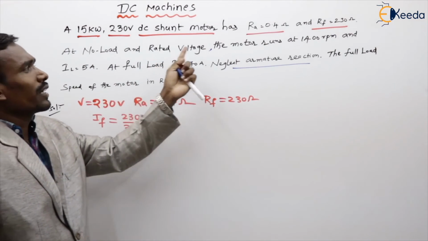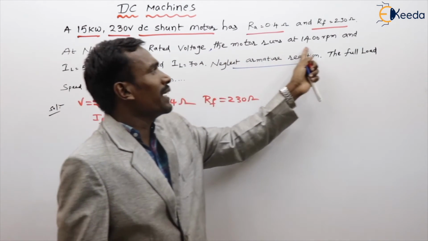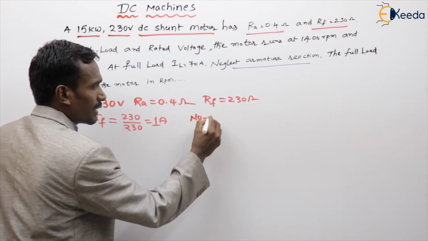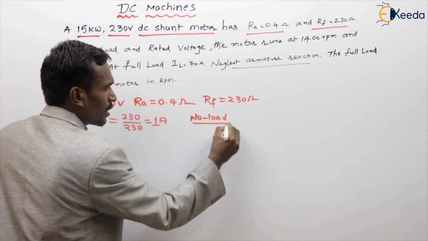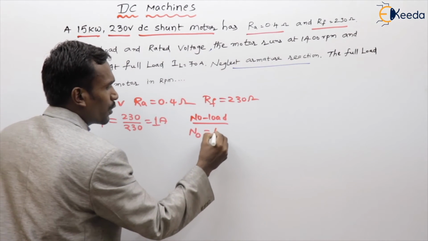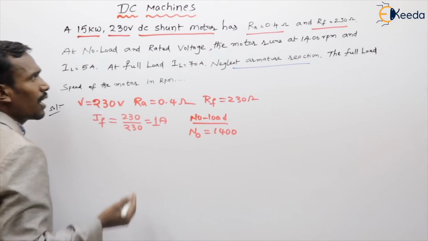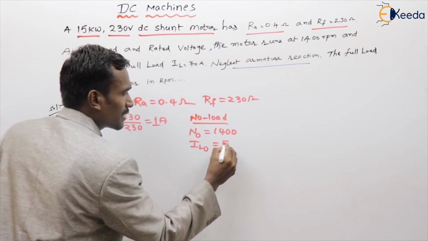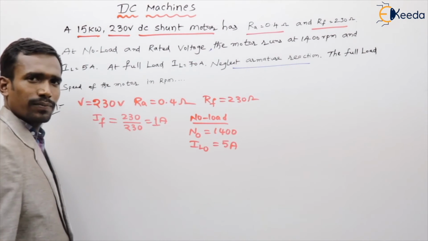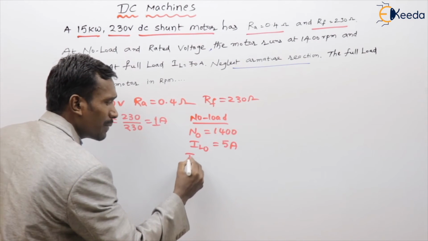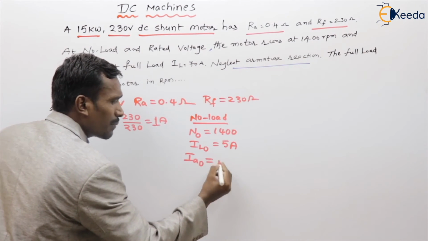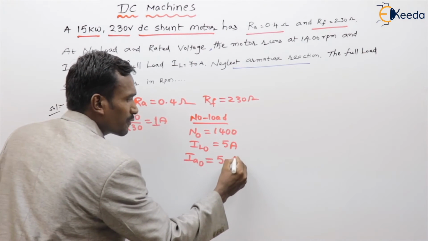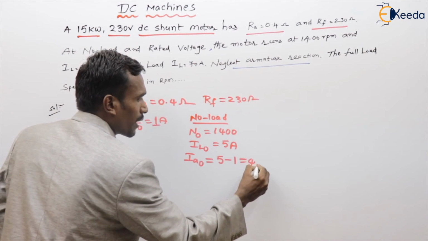At no load, rated voltage, the speed of the motor is 1400 RPM and the line current is 5 amperes. Can you tell me the armature current at no load? The armature current at no load equals line current minus field current, which is 4 amperes.